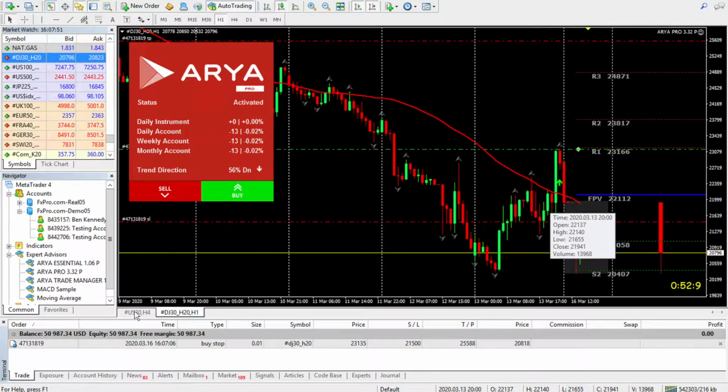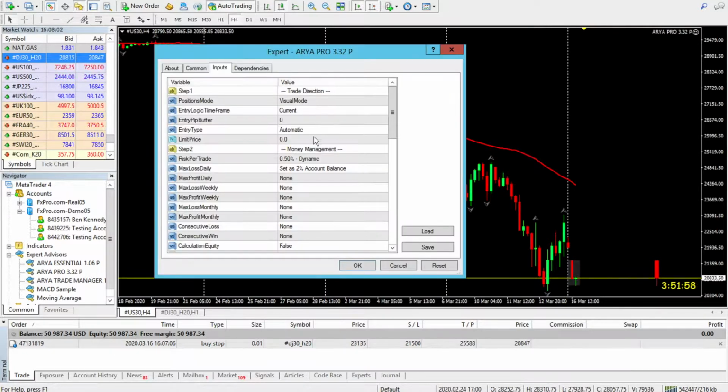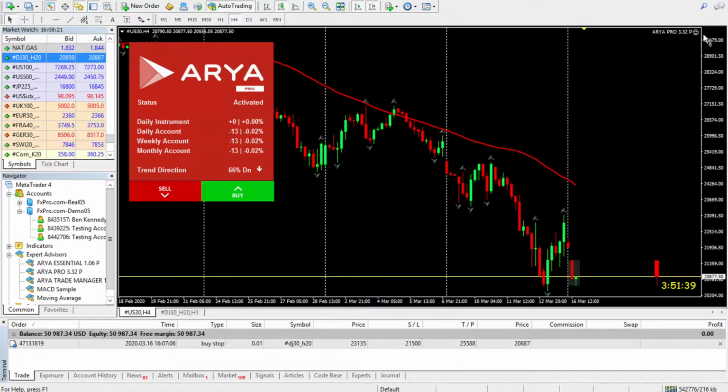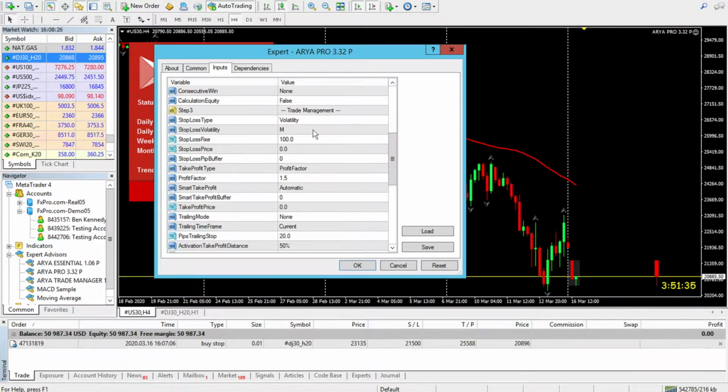Now we'll do something very similar and look into the US 30. We're going to go through exactly the same process and see if there is any difference. So we change this risk per trade, bring that down to a conservative 0.25, and our stop loss down to XL.